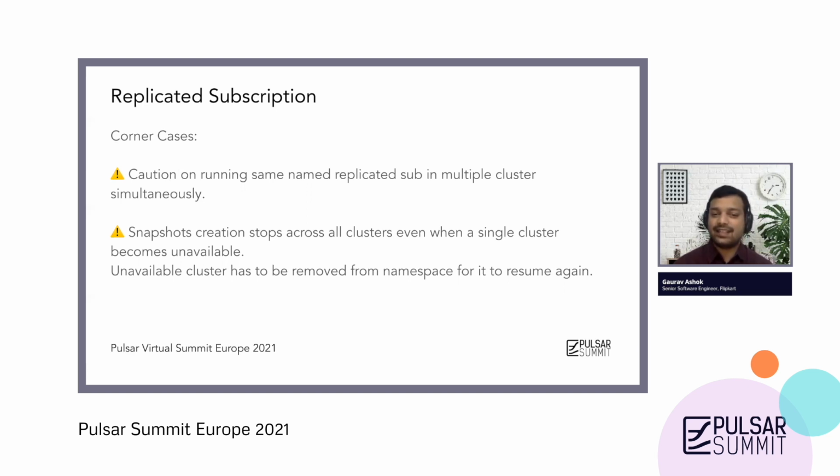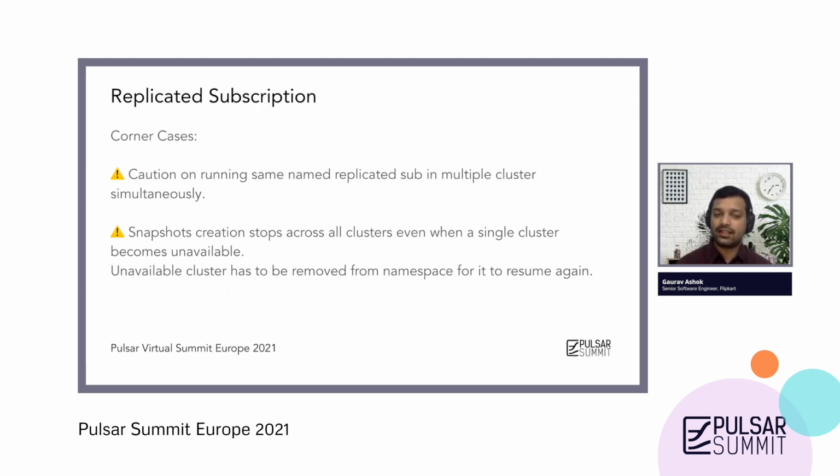Also, the snapshot creation stops if one of the replicating clusters becomes unavailable. Again, that's because of the replication lag. If one cluster is unavailable, the replication will stop, the request response cycle will not be complete, and the broker will not be able to establish the snapshot.